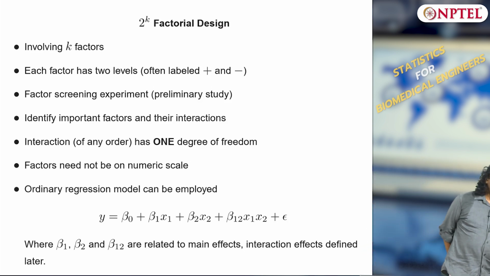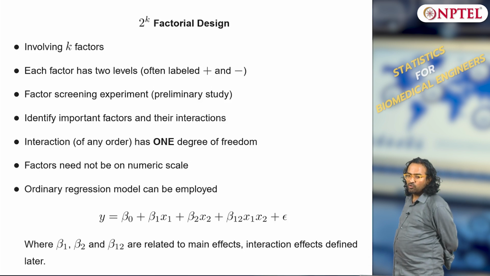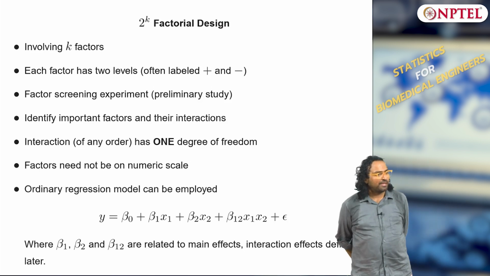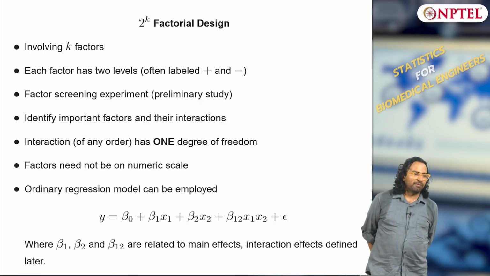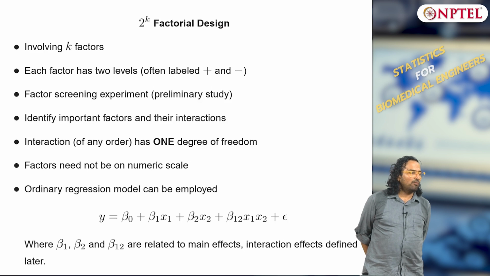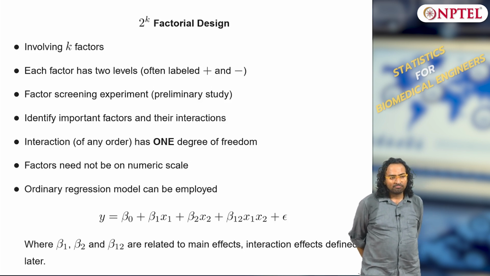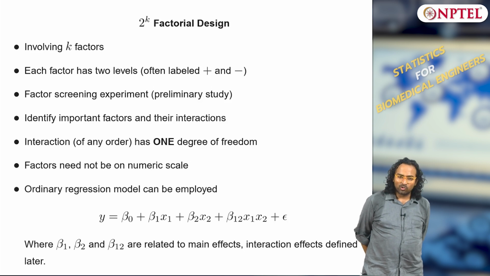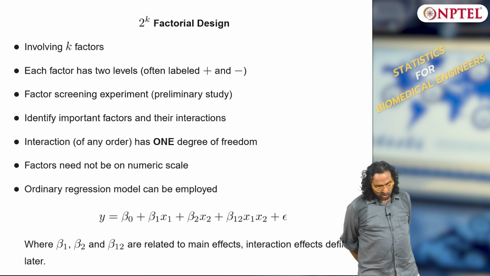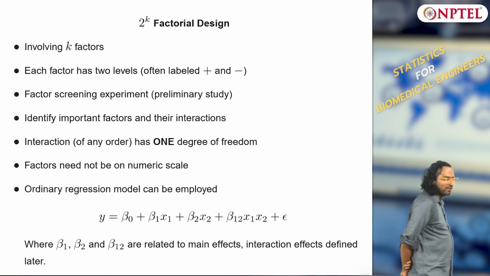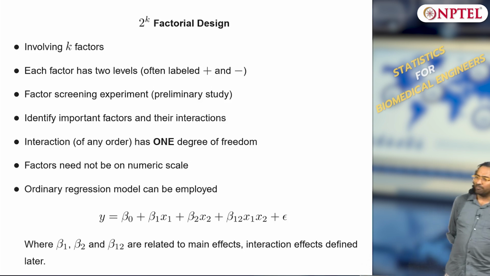Because for an interaction term AB, how many degrees of freedom in two-way ANOVA? (P minus 1) into (Q minus 1). Here what are P and Q? All of them are 2 levels. So all interactions have only 1 degree of freedom, okay.